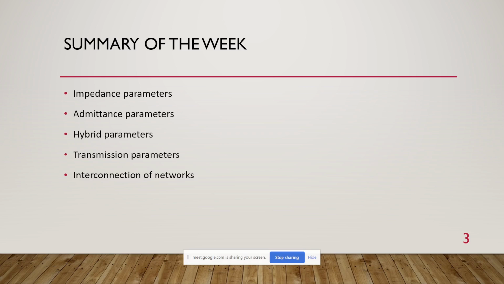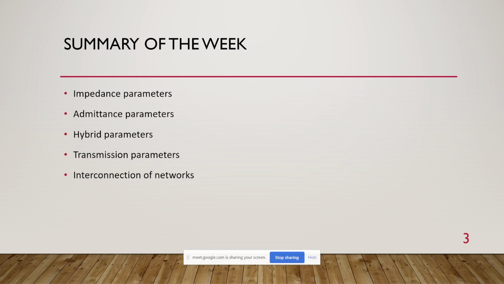You also saw that some parameters are easier to handle in certain conditions. If you are talking about series connection of networks, you should not go with transmission, hybrid, or admittance parameters, because that will be complicated. You should go with the Z parameters, because it is simply addition.